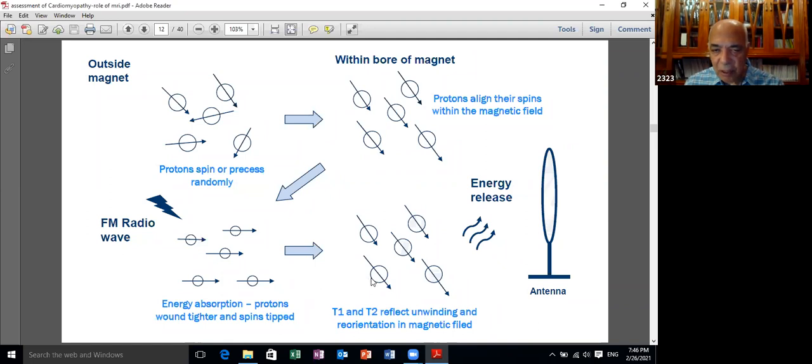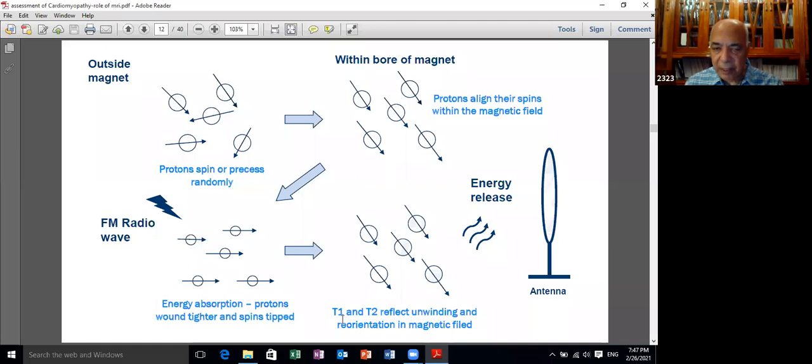Then we switch off the FM radio waves, and under these circumstances, the spins or the protons will go back. They realign in the horizontal axis, and then they realign in the vertical axis. So they coalesce together in the x-axis, and then they build up electromagnetic field in the y-axis. This is called the relaxation. The relaxation which occurs in the vertical axis is called T1.